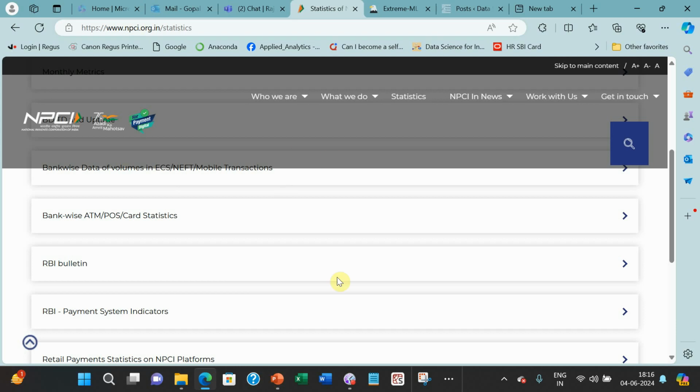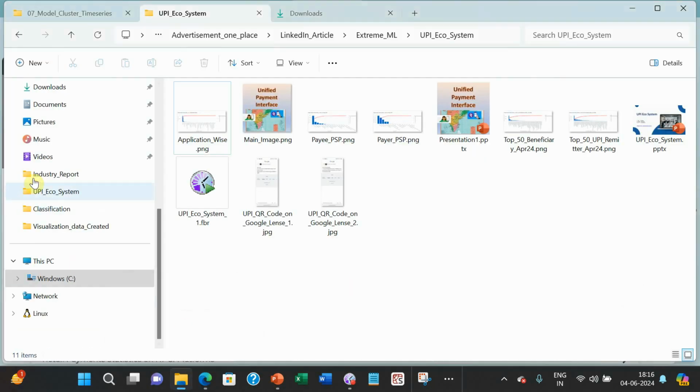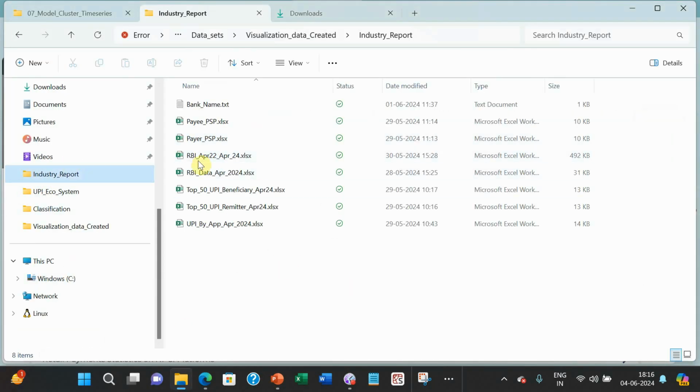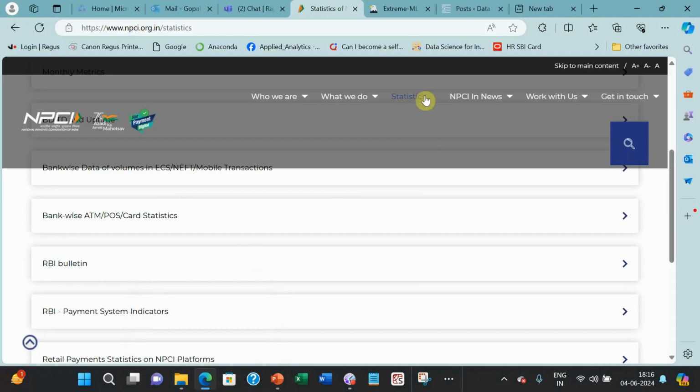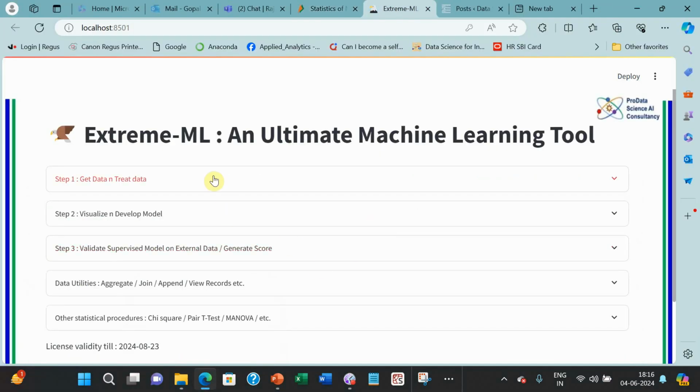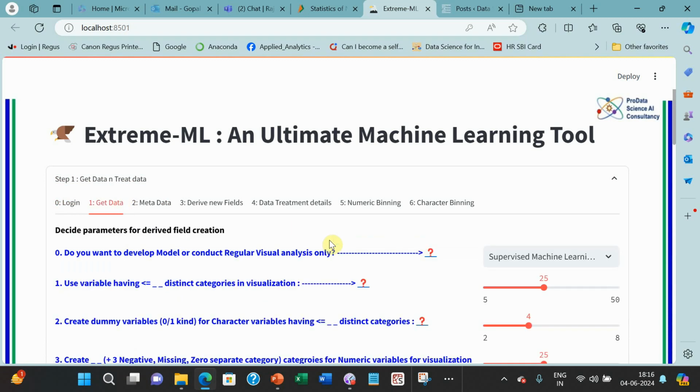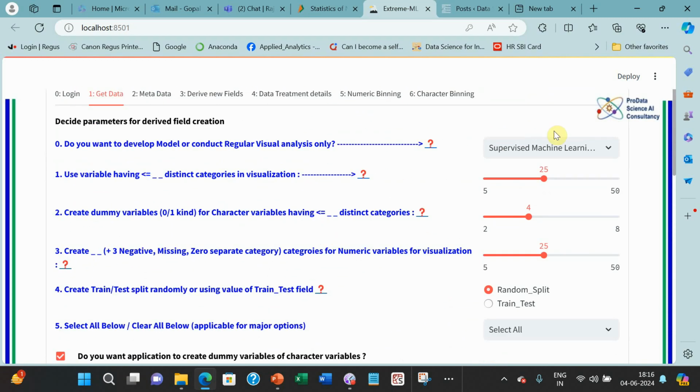I had downloaded some data from the same portal, like top 50 UPI beneficiary, top 50 UPI remitter, UPI by app, and all those things. So let me show you how I have analyzed that data, and I am showing you the result. To analyze this data, I am just going to get the same data once again.